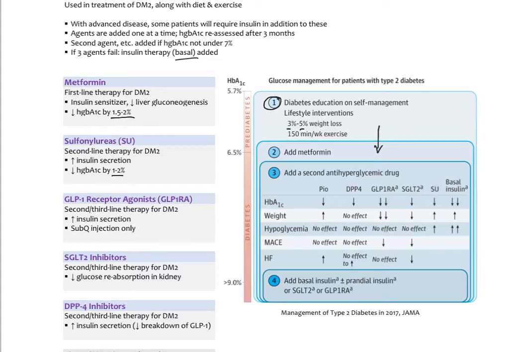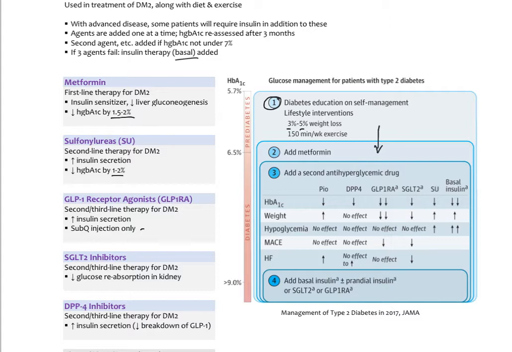Newer agents will be the GLP-1 receptor agonists. And these agents, remember, GLP-1 is your small intestine duodenal peptide that's secreted in response to high glucose foods, tells the beta cells to secrete more insulin. So these are peptides, and they are given by injection subcutaneously. And so they're increasing, like the sulfonylureas, insulin secretion.